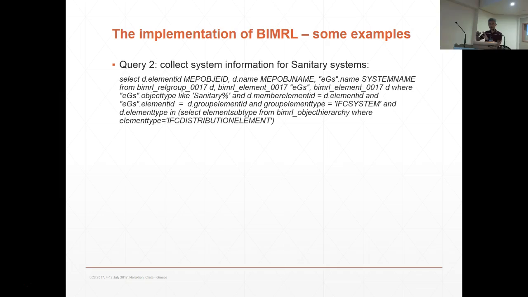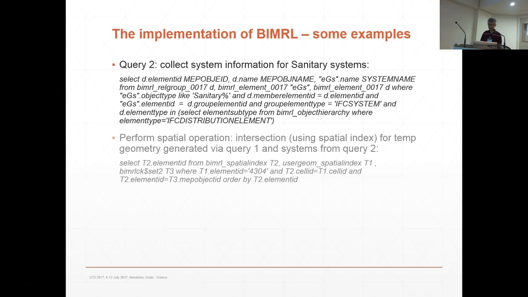The second relatively independent query is to collect all the systems, the sanitary systems, right here. And then the third step is to query, so the picture earlier, that is a box that is an extrusion.